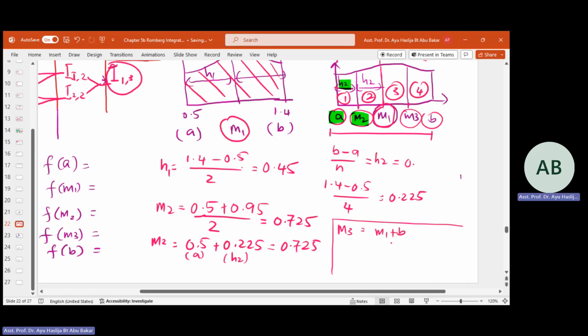M1 plus B divided by 2, you'll get the correct answer. Or M1 plus H2. Same. Both you will get 1.175, yes. Either way is correct.